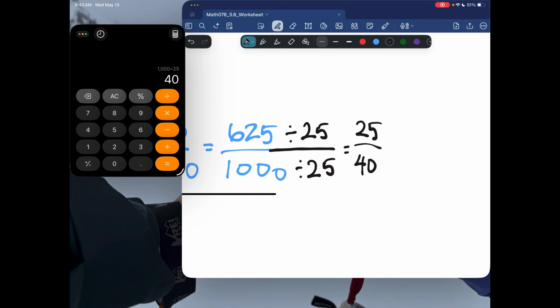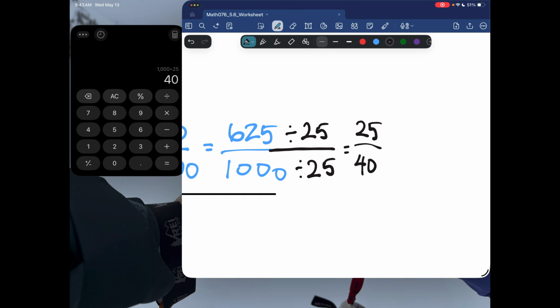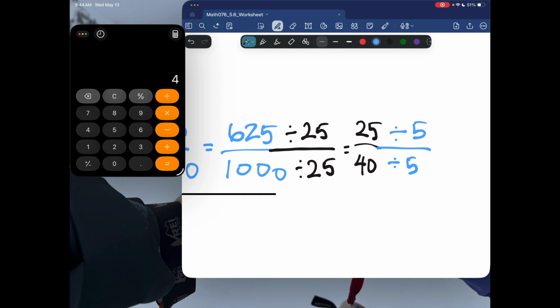Not quite done yet. They both have a 5 in them, so I need to go one step further and divide again by 5. And 25 divided by 5 gives me 5. 40 divided by 5 gives me 8. 5/8, that's as low as it goes. 5 is prime.